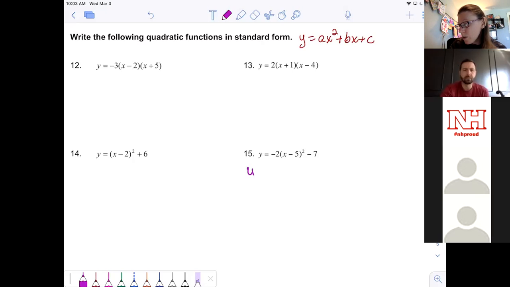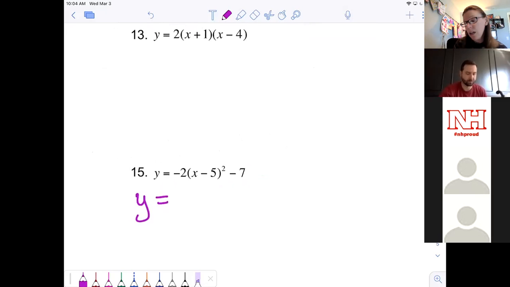So Michael, what would you do first in number 15? -2 parentheses x minus 5 squared and then -7. What would we do first to get that to be written in standard form? Would you put x minus 5 in parentheses twice? Excellent. Yep, x minus 5 twice.